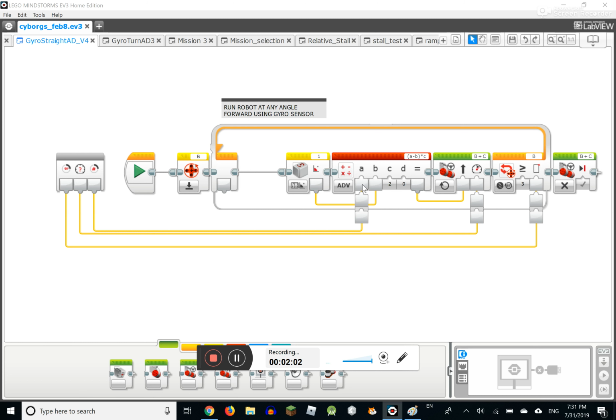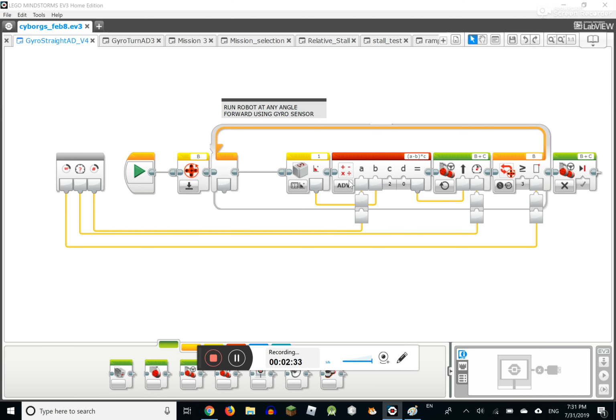So if your robot is off, like you're setting your robot to move at 90 degrees and the gyro sensor is measuring 95, that's a difference of -5. It multiplies that by 2 to get -10, and then it takes that output and puts it in this move block, and that will tell your robot to move at -10 degrees at the speed that you set.